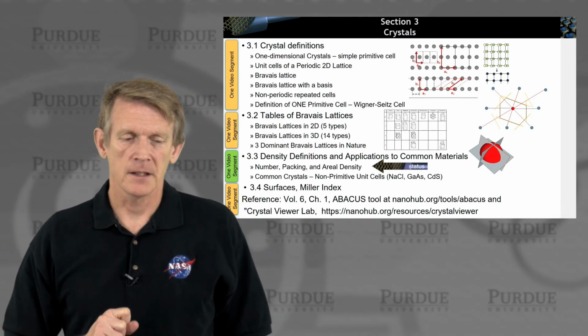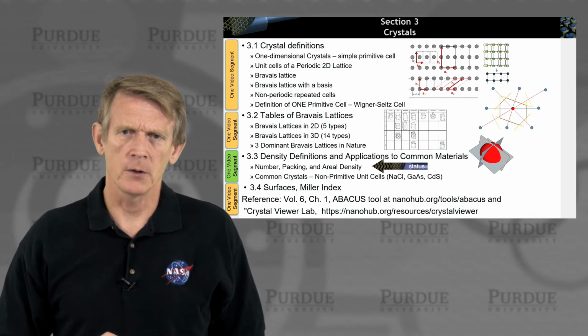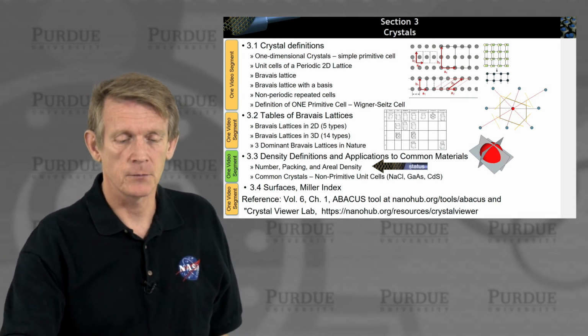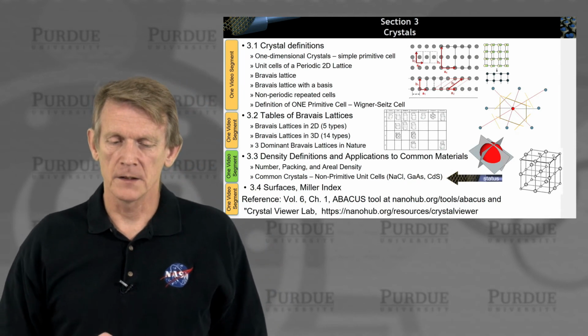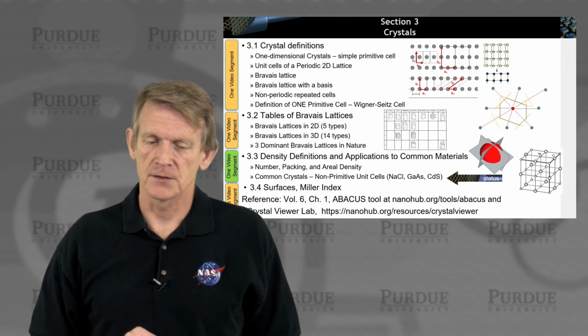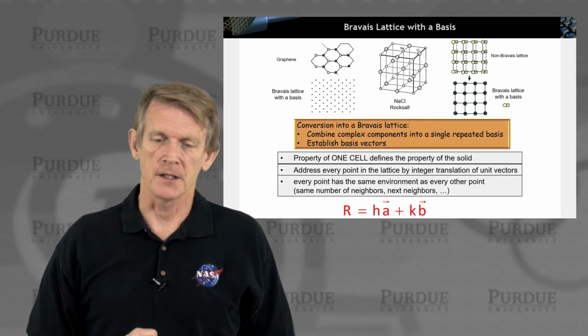So that gave us the definitions of number packing, areal densities, and points per cell. Let's look at some common crystals. Here is one to start with, sodium chloride. Let's look at this one more carefully.